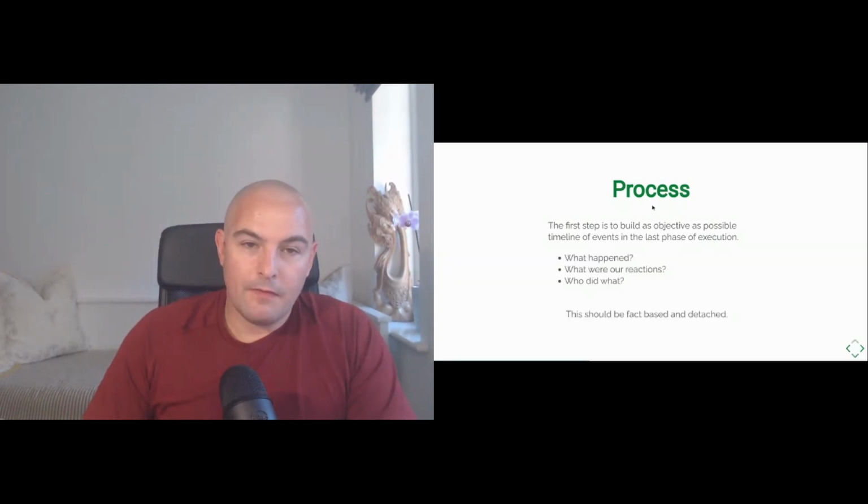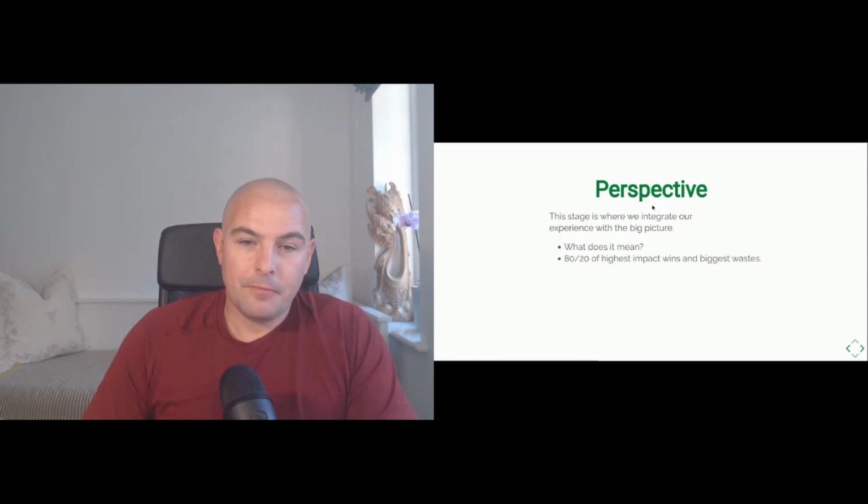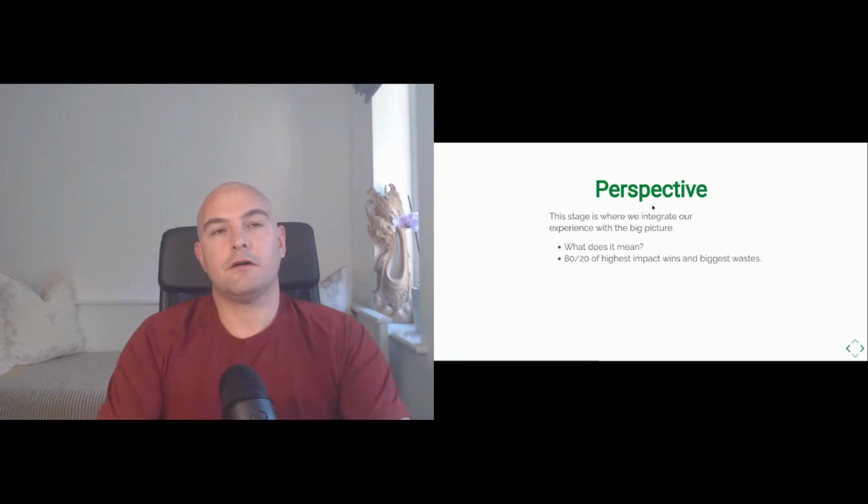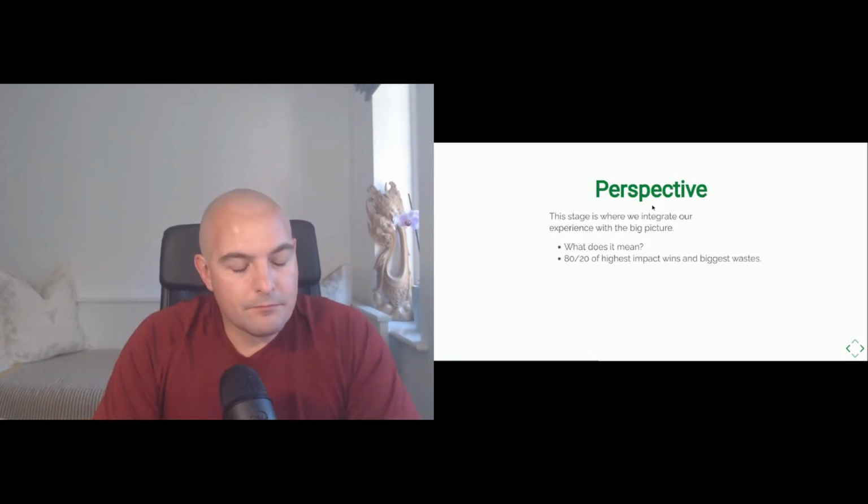But if you try and split the process of objectively figuring out what happened, and then we can get onto the perspective. So this is where we do that integration piece, where we say, what does it mean? What were the biggest wins and biggest ways? A great article on this is called Anti-Fragile Planning by Taylor Pearson.